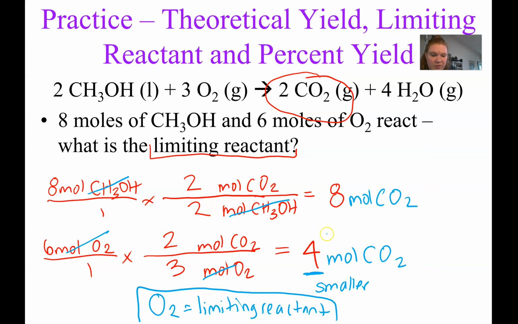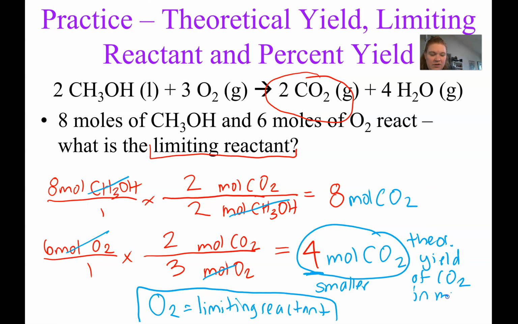This number, just so we can give it a title, this is our theoretical yield of CO2 in moles. Most of the time we calculate our theoretical yield in grams, but this is the theoretical yield in moles. The O2 led us to that theoretical yield.